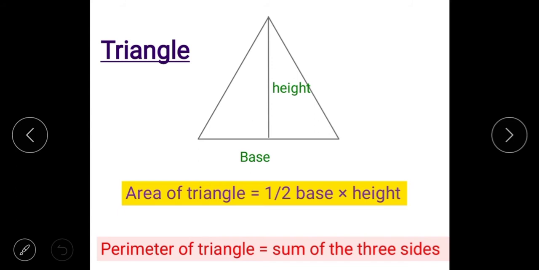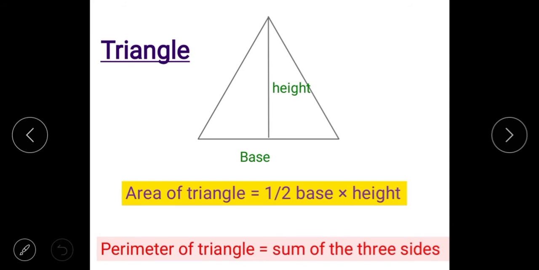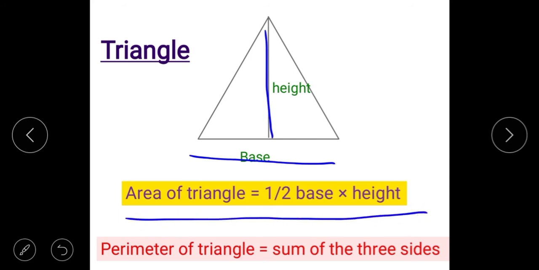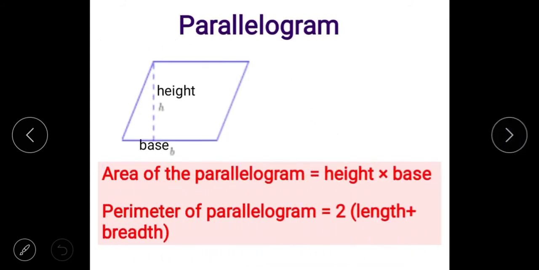One is Heron's formula, but for that you need the length of all the sides. But here you don't have the length of all sides, you have base and height. So the area of the triangle is half base into height. And students, the unit of the area is always unit square, and the perimeter is simply the unit, whether that is meter, centimeter, kilometer, whatever.